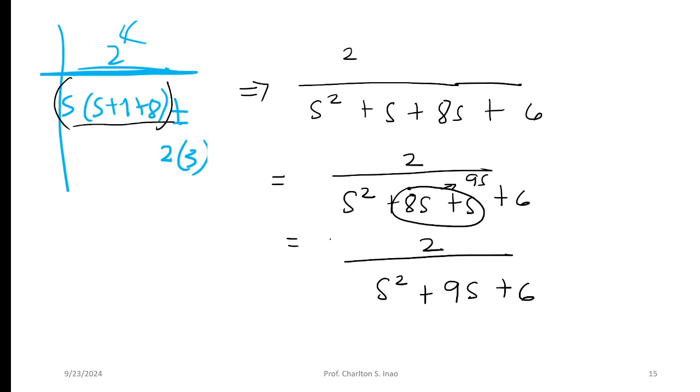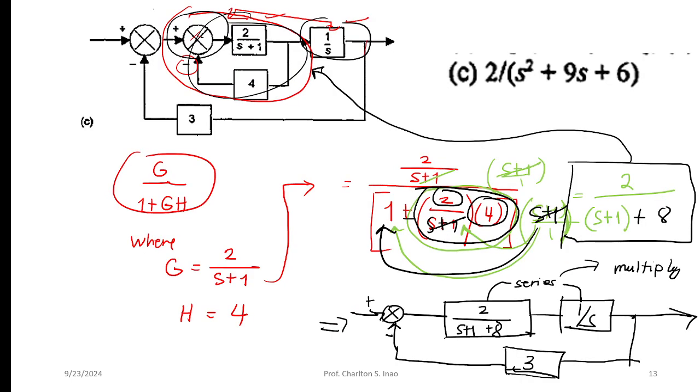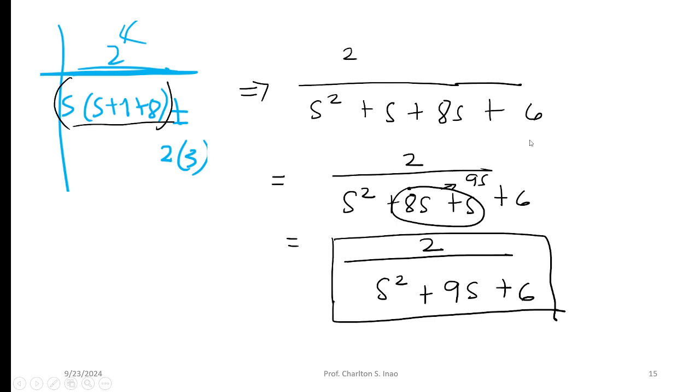Okay? So I think this is the overall or the final transfer function. 2 over s squared plus 9s plus 6. Okay, so it's just the same with this, s squared plus 9s plus 6.